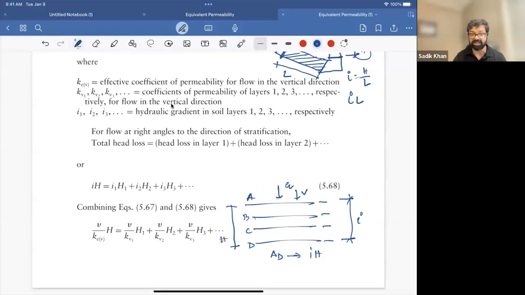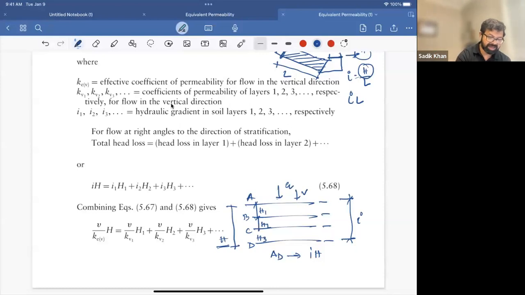Here H is the length, not this H. This H is the head difference. But right here, the H is the length, the thickness of the soil layer. And that H is equal to H1, H2, and H3.